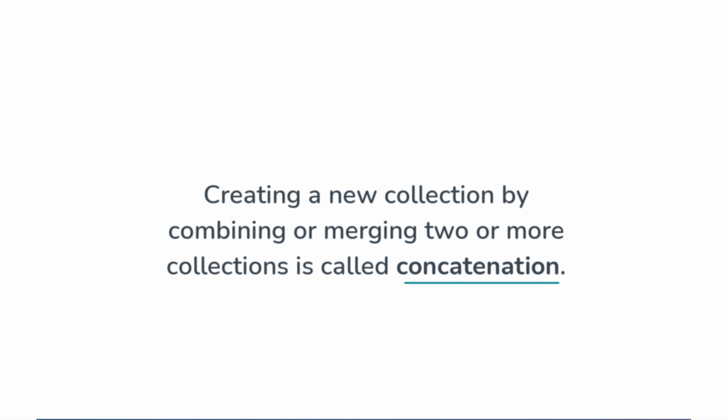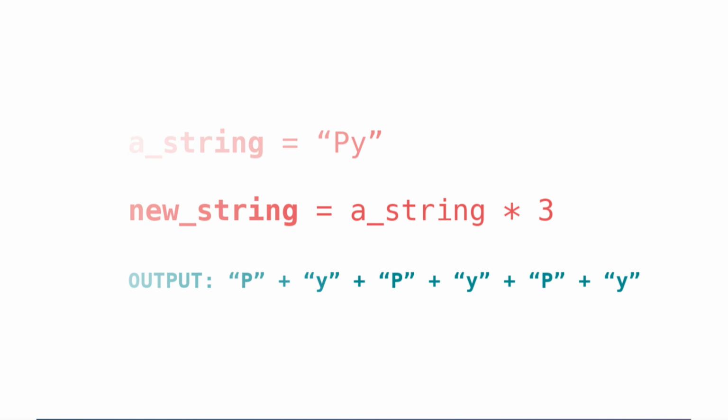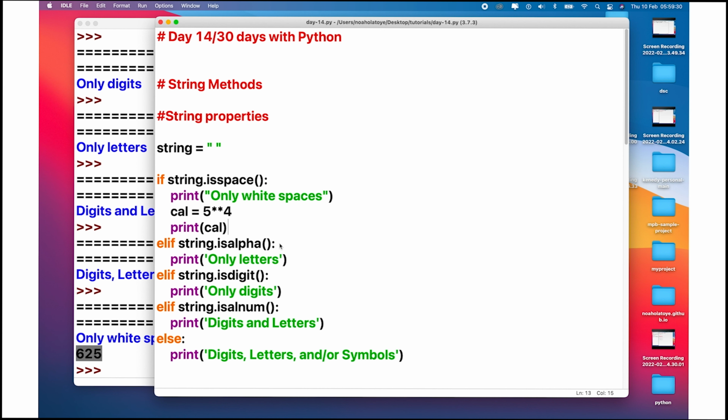So you can see it as a way of joining two strings together. So when you hear the word concatenation, it shouldn't be new to you, right? So if you perform maybe py times 3, in other words, you're concatenating py three times, which is going to join to become py in three places. Pretty much cool.